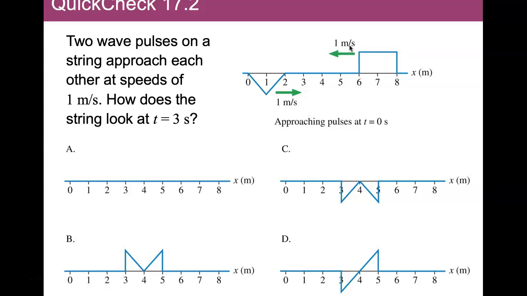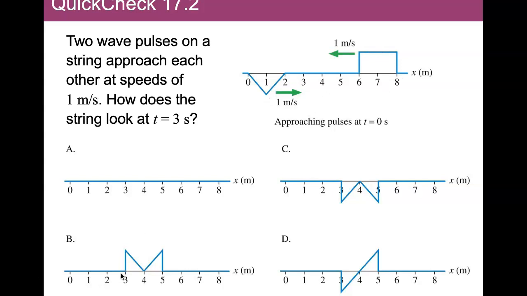This rectangular pulse will be between 3 and 5. But this is positive, this is negative. So it's basically like shifting this downward triangle up, right, by this amount when you add them together.